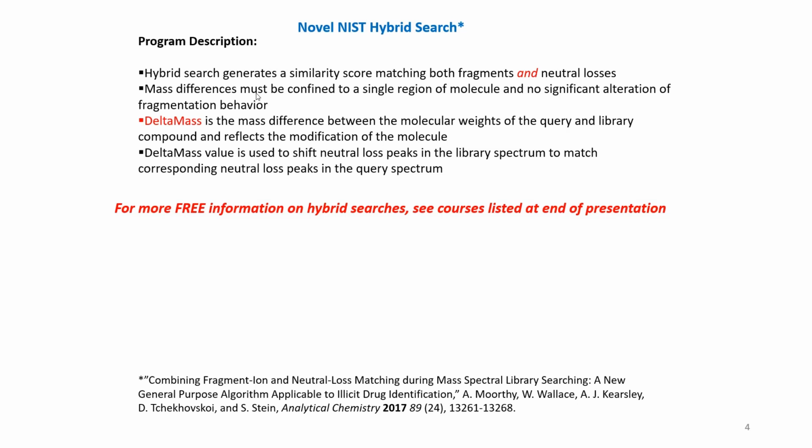Delta mass is the mass difference between the molecular weights of the query, the unknown, and the library spectra, and reflects the modification of the molecule. The delta mass value is used to shift neutral loss peaks in the library spectrum to match those corresponding to the neutral loss peaks in the query spectrum to yield this hybrid mass spectrum search score.